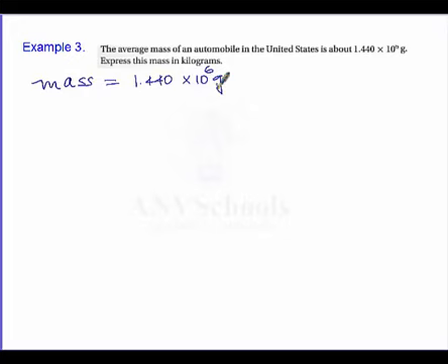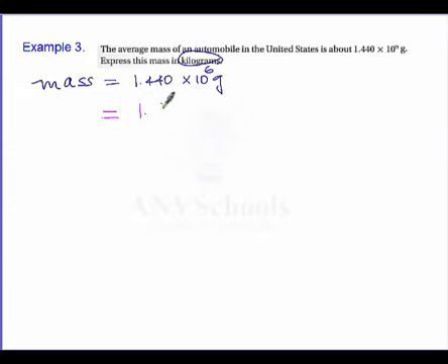So we want to express this mass in terms of kilogram. What you have to do is write this 10 to the power of 6 as a product of two powers of 10.